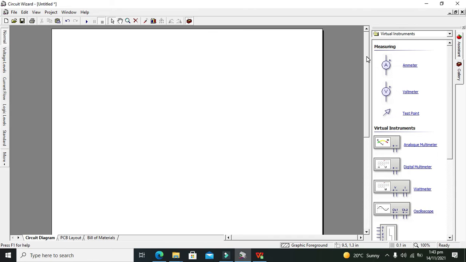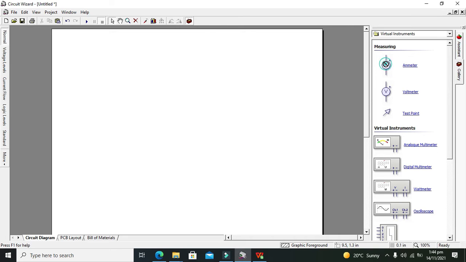Simply, KCL states that if there is a node, meaning a point where two or more electrical or electronic components meet, then all the currents entering a node are always equal to all the currents leaving the node. Like if 10 ampere current is entering the node, then 10 ampere current must be leaving the node.